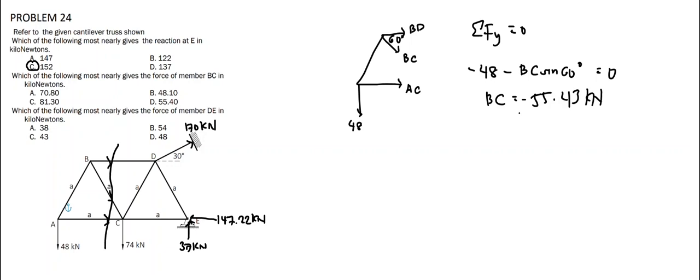Since our result here is negative, therefore our assumption that BC is in tension is incorrect. Therefore BC must be acting in the opposite direction, which means that BC is inducing a compressive force on this joint. So the answer for the second problem, the force in member BC is equal to 55.43 kilonewton, or approximately equal to 55.40.